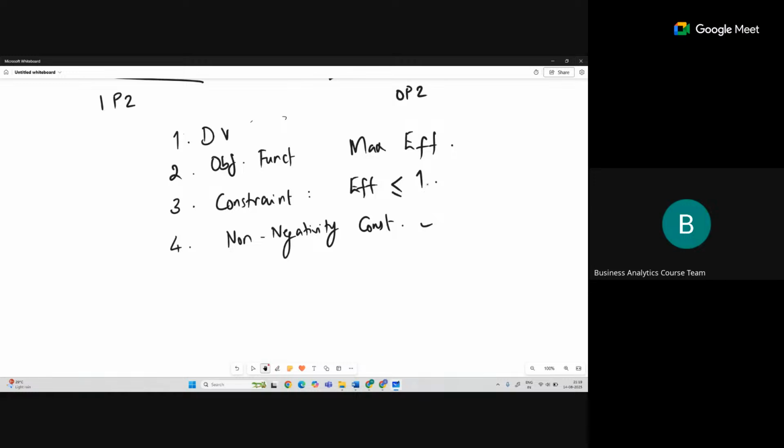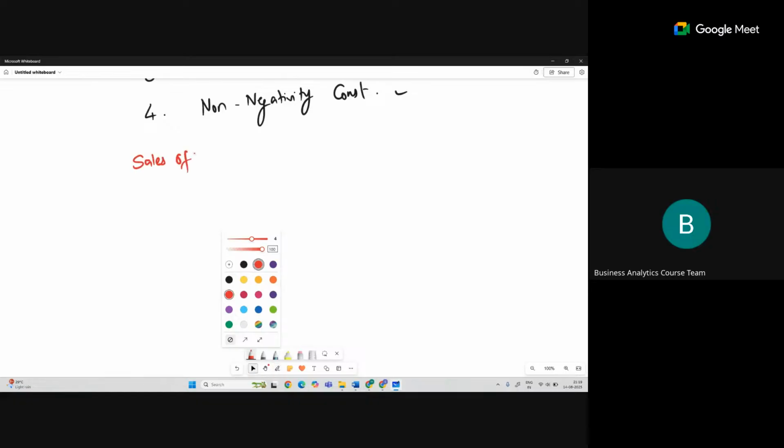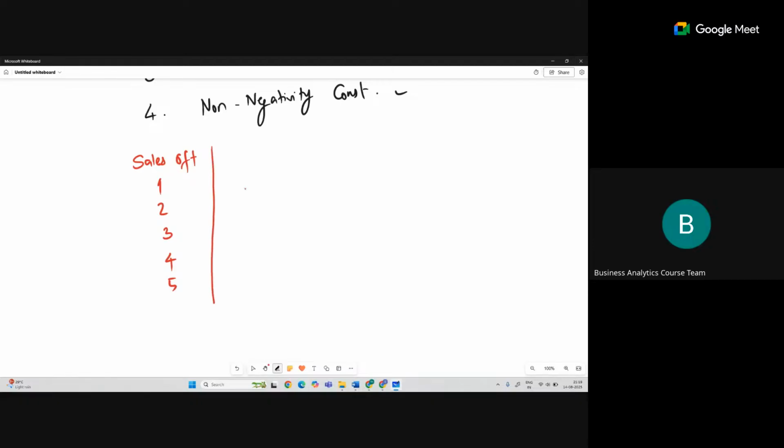Is it clear? Okay. I'll take the same example that we solved in the class. Here you have sales offices 1, 2, 3, 4, and 5. Then you have the sales volumes, right?